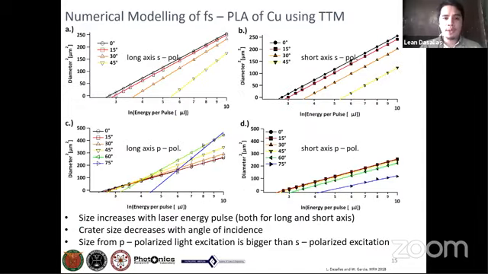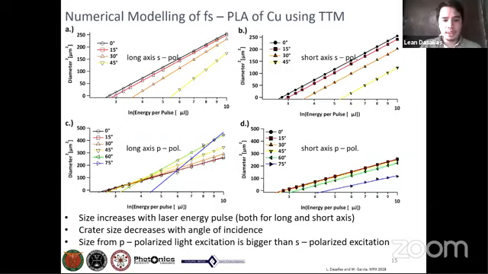Now, when it comes to the diameter of the ablation crater, we determine them as a function of polarization and angle of incidence. And as we know, when we do ablation at oblique angle of incidence, the beam spot will have a shorter axis and a longer axis. So basically, the diameter will be different for the short axis and on the long axis.